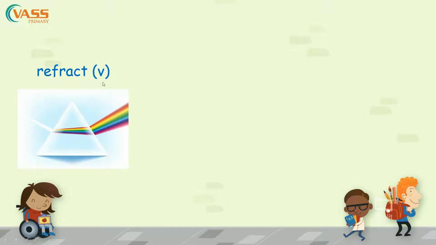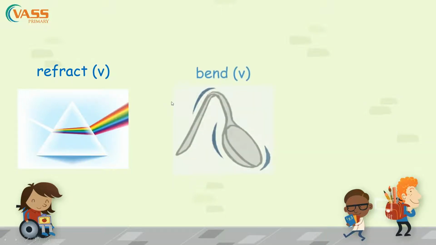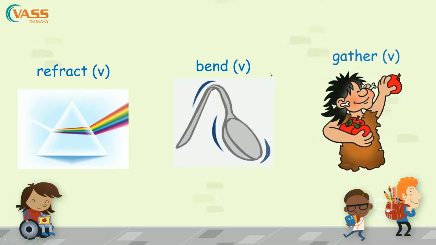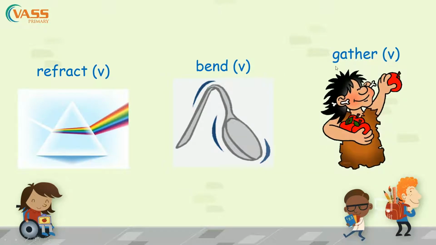Let's practice again. We can see refract, bend, gather. Look at the picture on the left. What shape do you see? It's a triangle, but this particular triangle is called a prism.